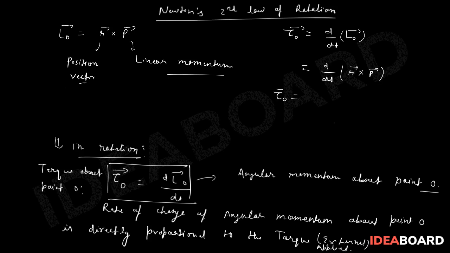Now you know, in differentiation, this is the first function, this is the second function. So initially first is constant, so r cross dp upon dt, plus now first function was constant, differentiation of the second function. Now second function will be constant, differentiation of first function cross second function, right?